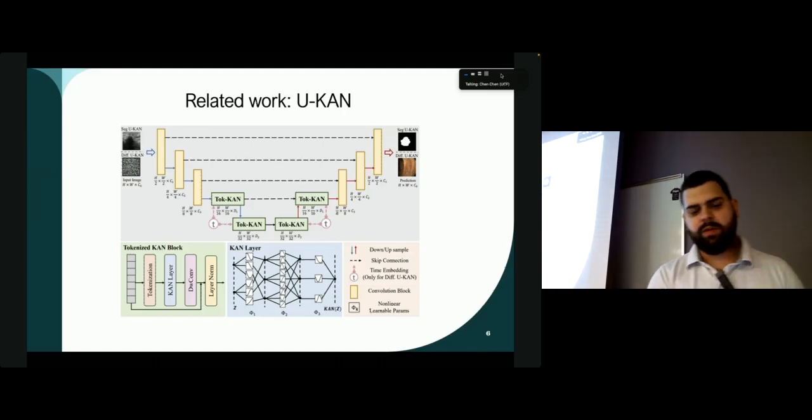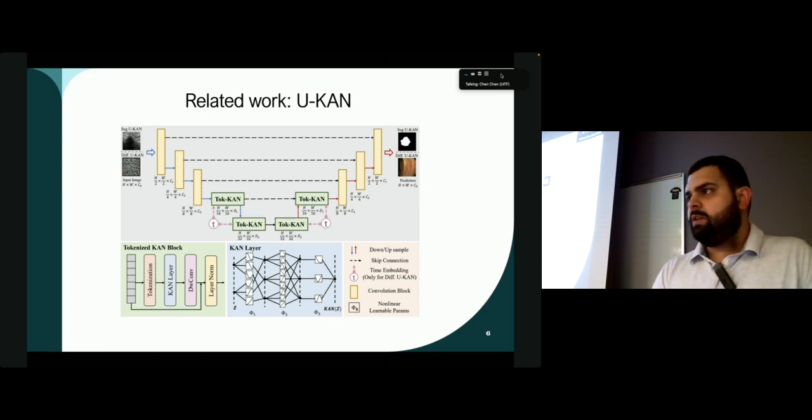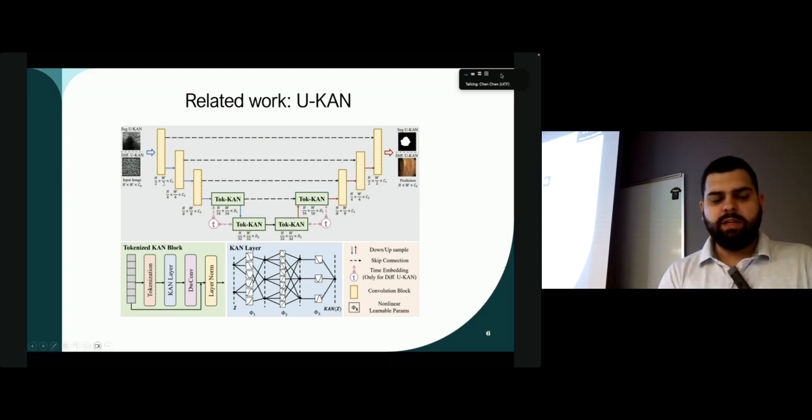This is an image showing how it works. As I said, the UCAN model can be used for segmentation and diffusion. So it basically grabs a segmentation or an MRI image or whatever, and the image goes through these convolution blocks that at first reduce the size of the image, and it also has skip connections to keep the important features of the image intact.